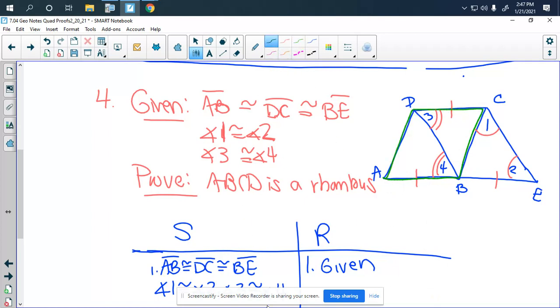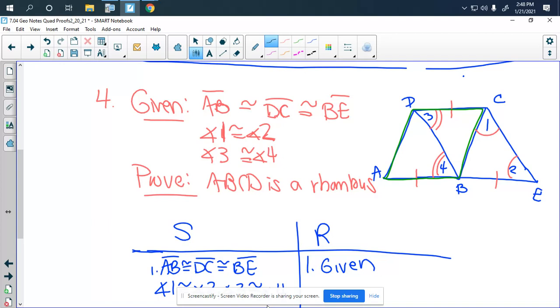Okay, so I need to try to get that green quad to be a parallelogram first, and if I can get it to be a parallelogram, then I want to get 2 congruent consecutive sides. So let's just start looking at what we were given, see what we can conclude, mark our pictures, and then try to make a plan.